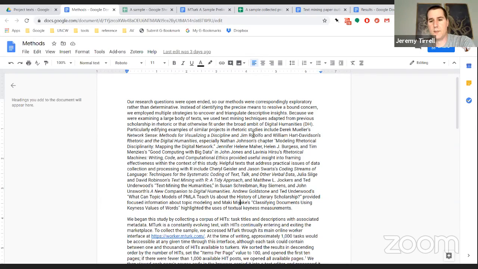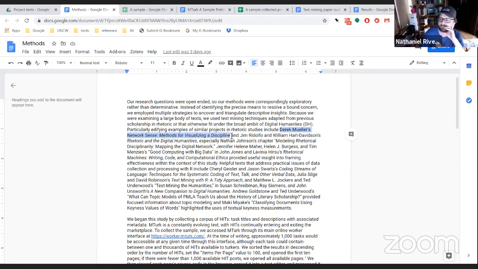So we start with this broader thing of Mueller's network sense, where he's essentially doing text mining in rhetoric. And what's interesting is a lot of rhetorical text mining, and I was going to throw in even my own Kairos work, which was built on the dissertation. Yeah. A lot of text mining in rhetoric is focused on the discipline.